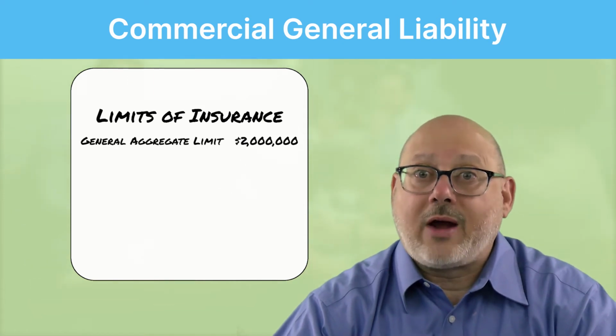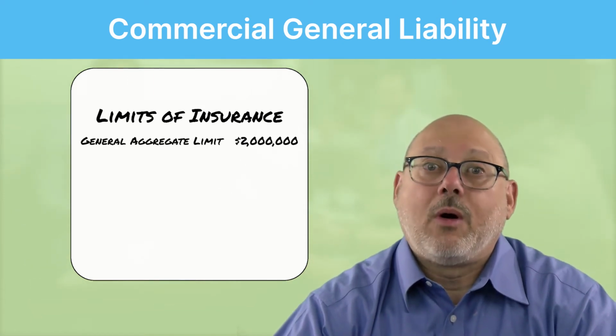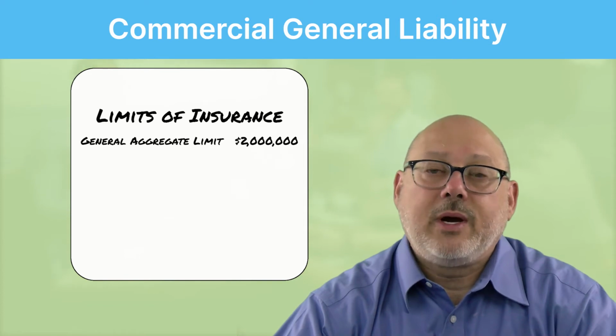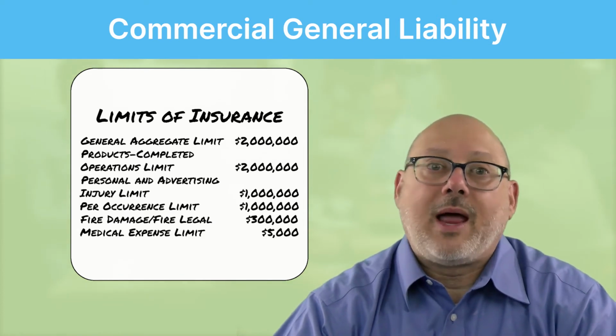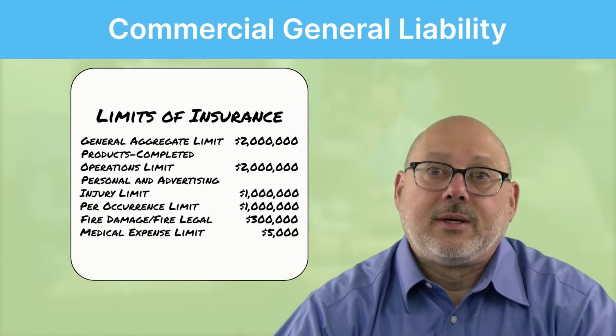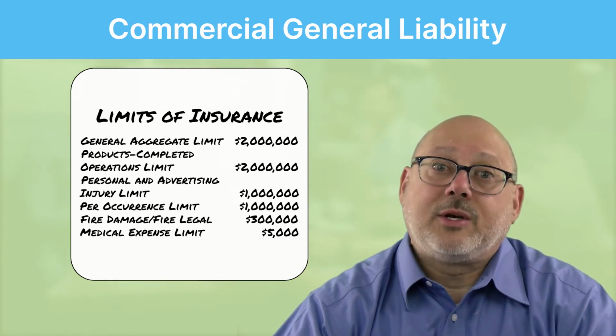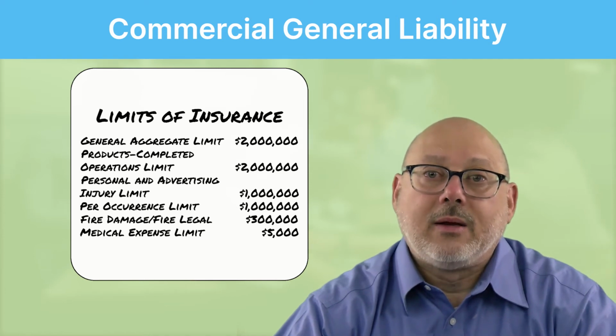Under the general aggregate limit are sublimits for personal and advertising injury, products and completed operations, fire legal liability, and medical payments. Limits in a policy are listed pretty much as you see them to my right.